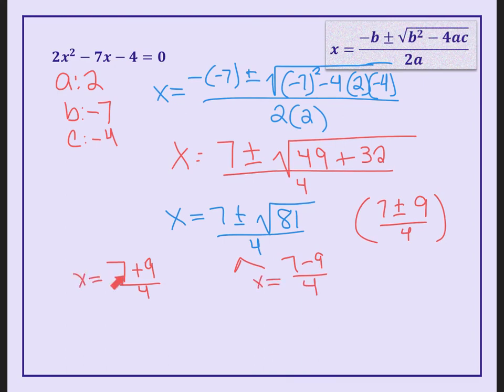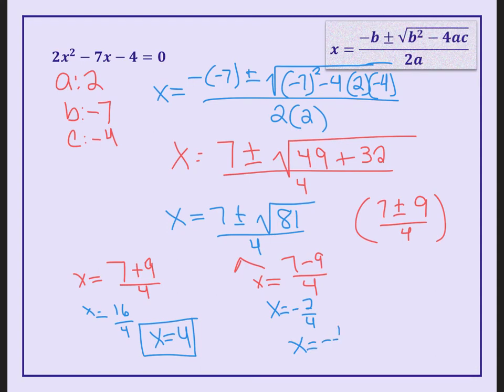Okay? On my left side, 7 plus 9 over 4 equals 16 over 4. And 16 over 4 reduces to a 4. 7 minus 9, that's a -2 over 4. We want it reduced as much as possible.